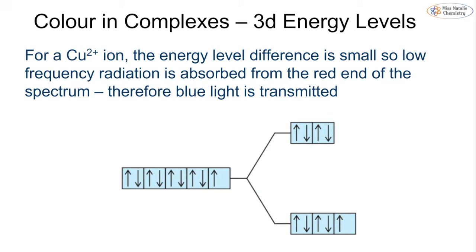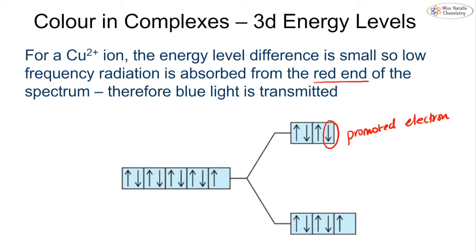So what we can see here for the copper is we now have this promoted electron. And for the copper, the difference in the energy level is quite small between these d orbitals. So that means that we get a low frequency being absorbed from the visible region, which is the red end of the spectrum. Therefore, the blue light is what is transmitted.